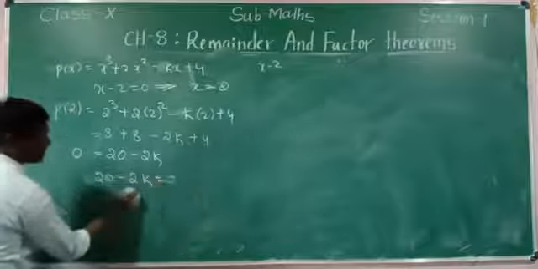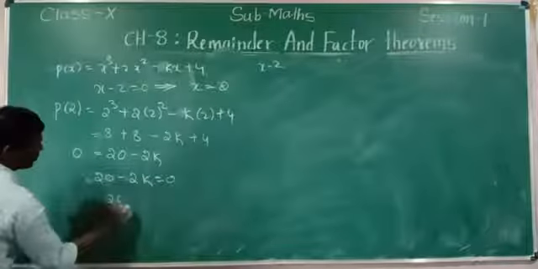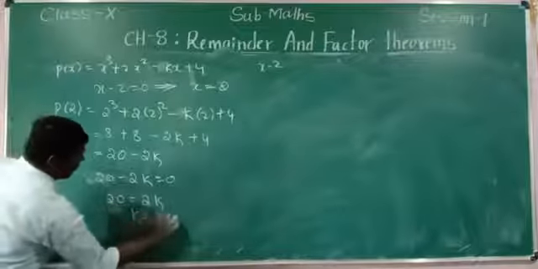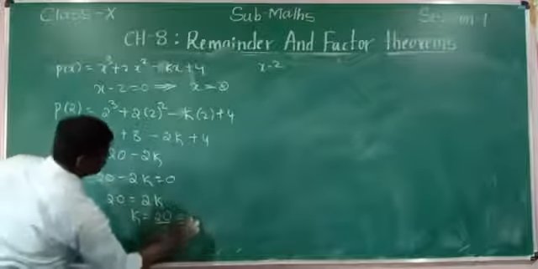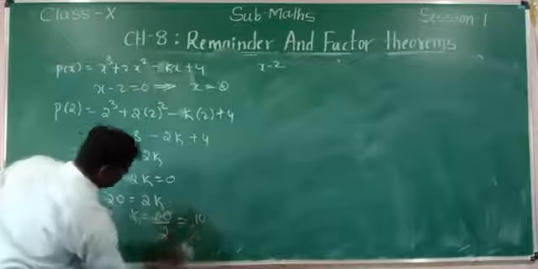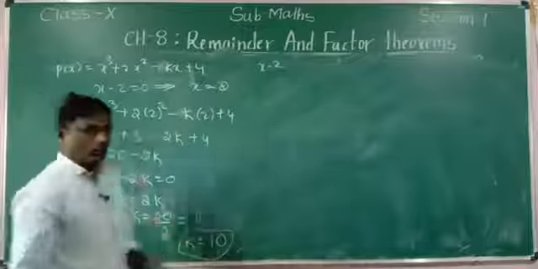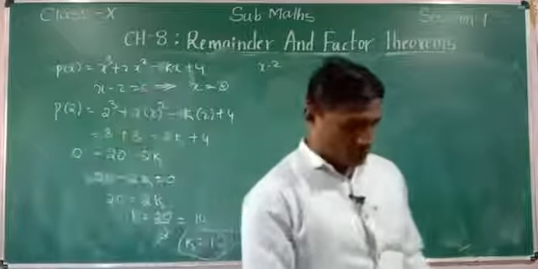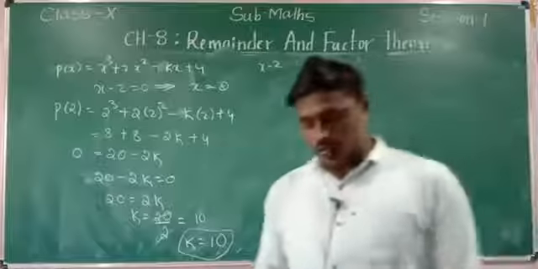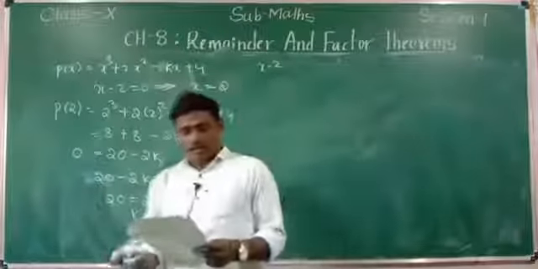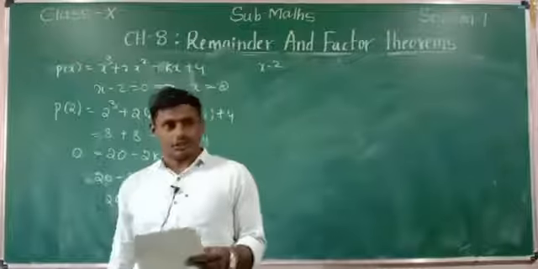Just take this minus 2k to the RHS side. So 20 is equal to 2k. Now k is equal to 20 divided by 2, 2 ones are 2, 2 tens are 20, then k is equal to 10. This is the required value of k. K is equal to 10. Okay. Next one. See the next question.